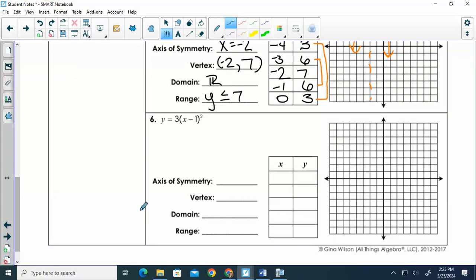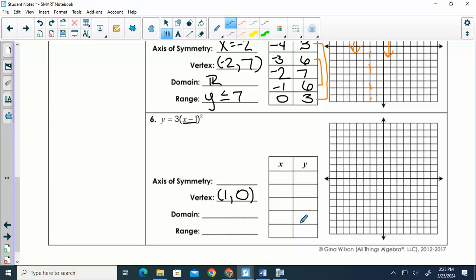So number 6. Can you guys look at this and tell me what our vertex is? Positive 1, because the formula is supposed to have the minus, and there's nothing on the end, so the y is 0. If you weren't sure you had done it right, how would you check it?